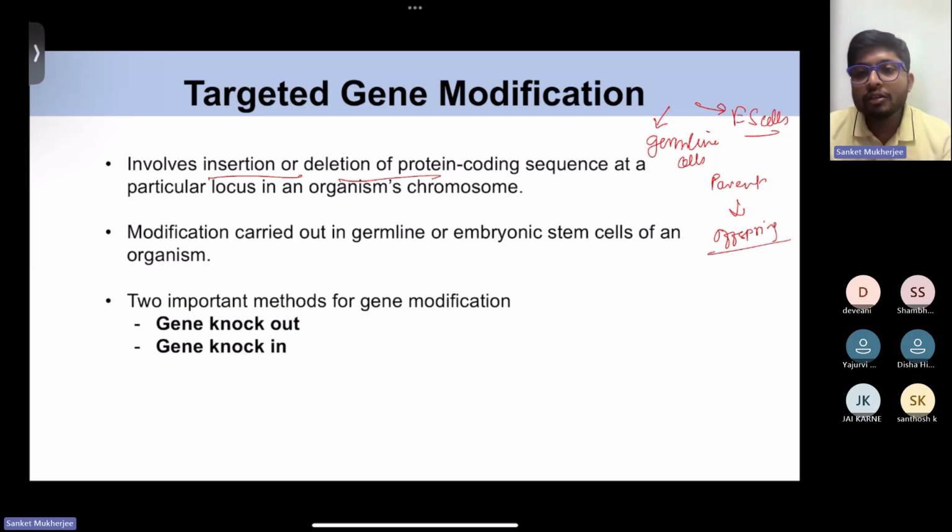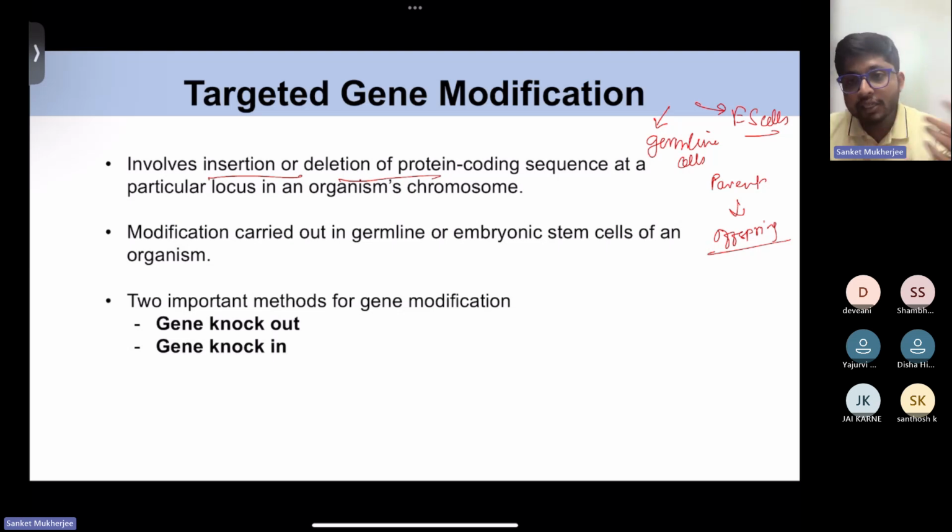Now, when we are talking about germline gene modifications, we are referring to germline cells, which are either sperms or ovum. These two cells, egg cell or the sperm cell, are modified, and later fusion of these two cells leads to a new organism, and we get the modified gene in the new organism.